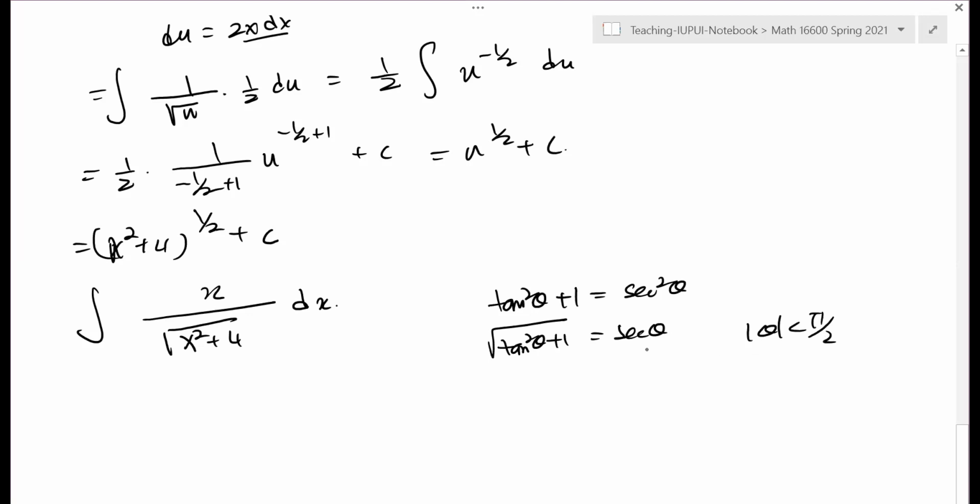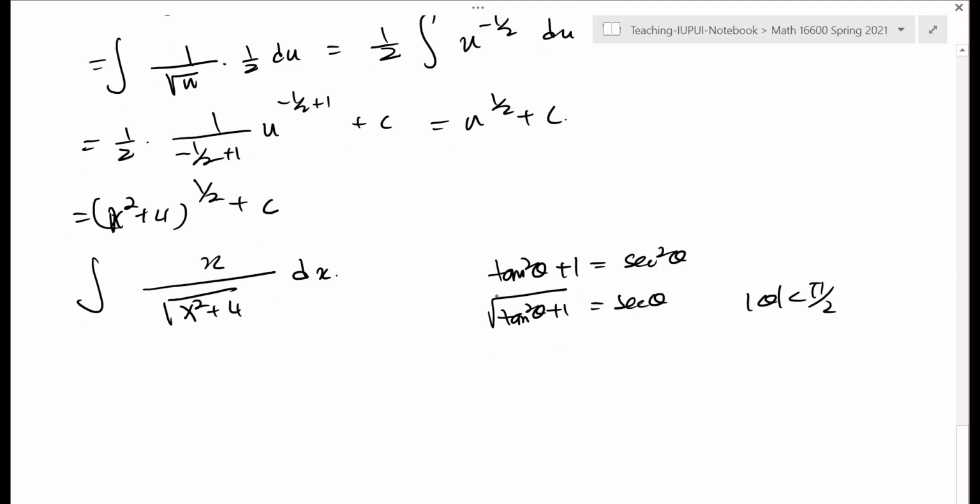We have to make sure theta is in the domain of the tangent function when we define the inverse, because eventually you have to let x be tangent theta. Then you can solve for theta, and it's going to be tangent inverse. So you have to make sure theta is in this interval.